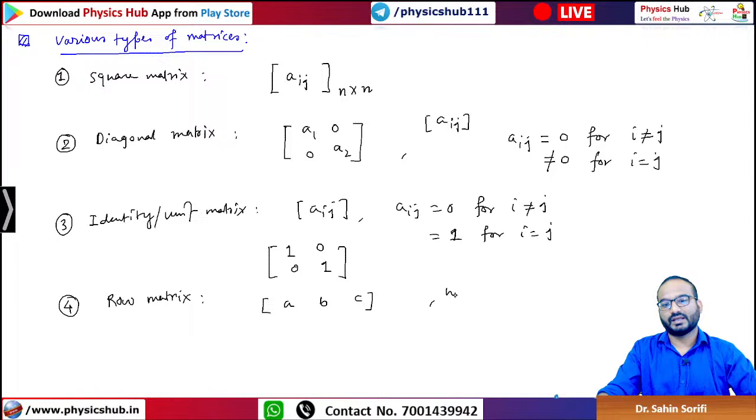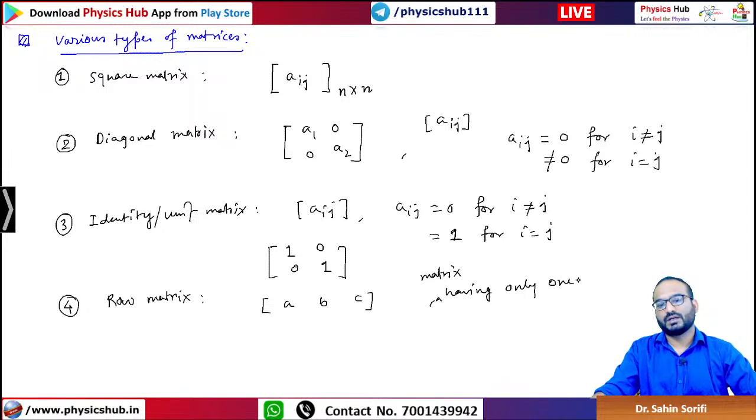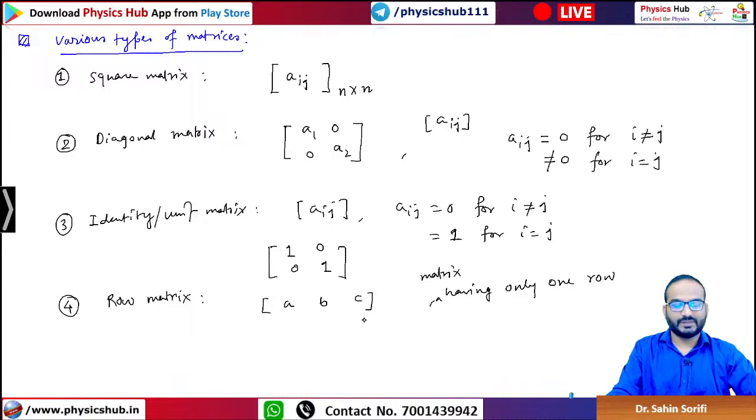So, I am just writing: matrix having only one row. If you look at this matrix, it has one row, but 1 2 3 columns, so 1 by 3, and conversely we can have a column matrix.